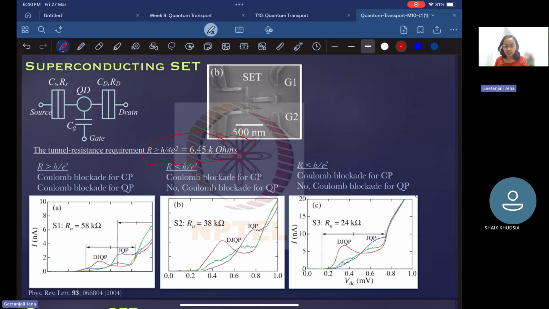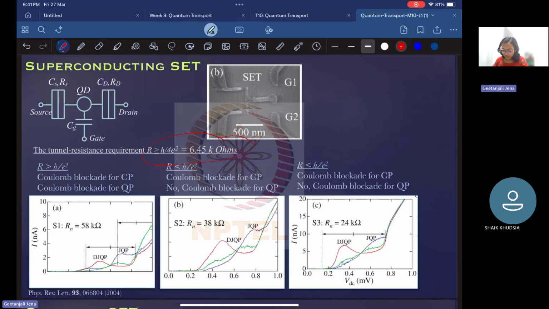But for a quasi-particle, the resistance is quite higher, like 4 times of 6.45, around 25.83. So if you are given a tunnel resistance of the device in the question, then you can tell whether there is a Coulomb blockade oscillation of Cooper pair or the quasi-particle. So this is what has been explained in this graph.